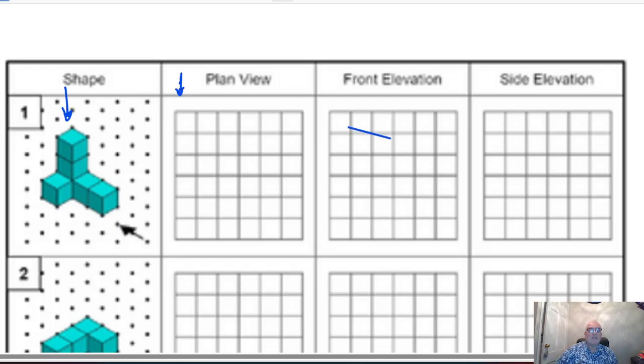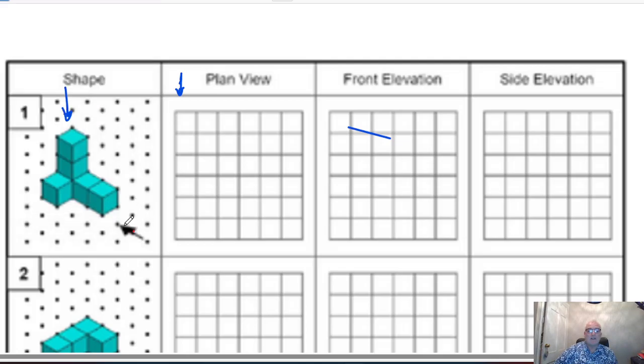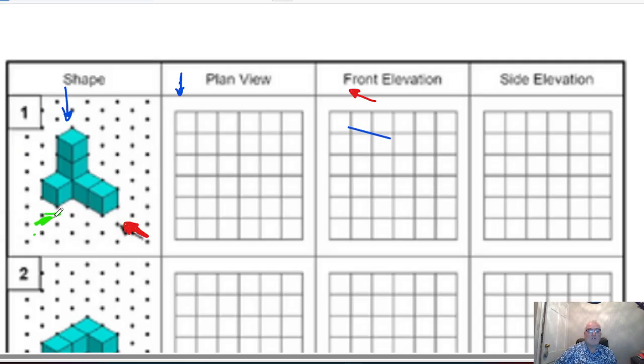Your front elevation would be something more along the lines of the arrow that they give you. Now normally on a GCSE question they would list which the front view is. So we're going to say that in all of these cases the arrow that they give us is going to be the front view, and then the side view is going to be from this side on the left hand side here, looking across to the right.